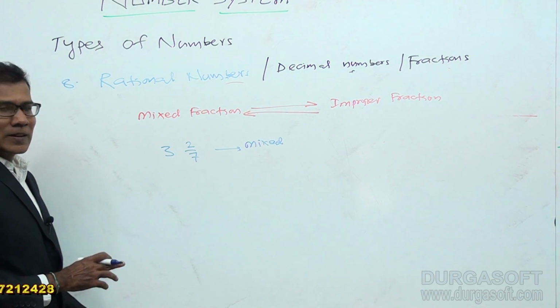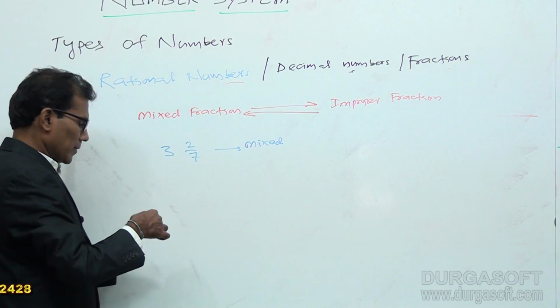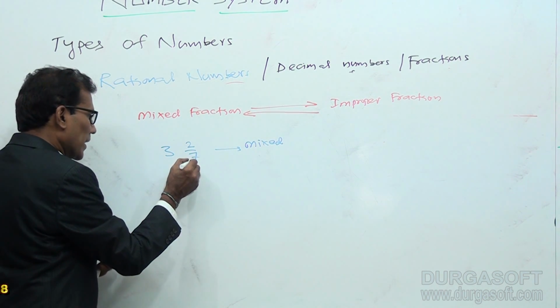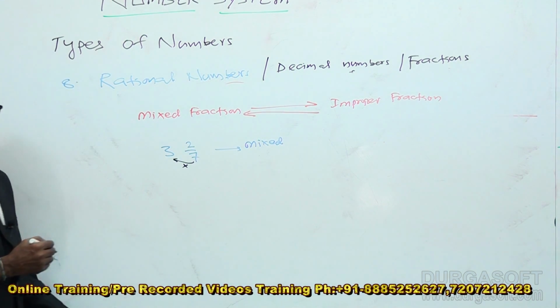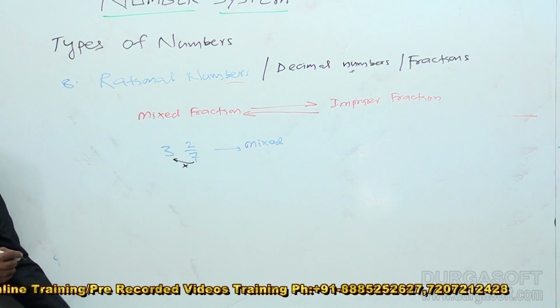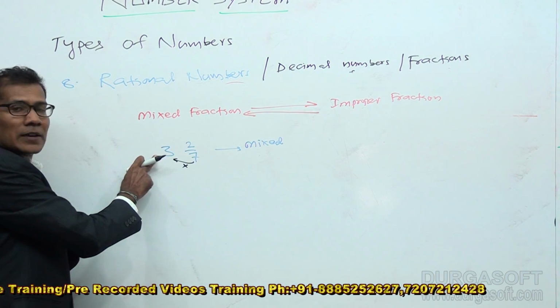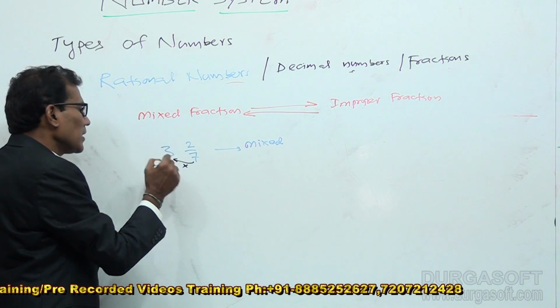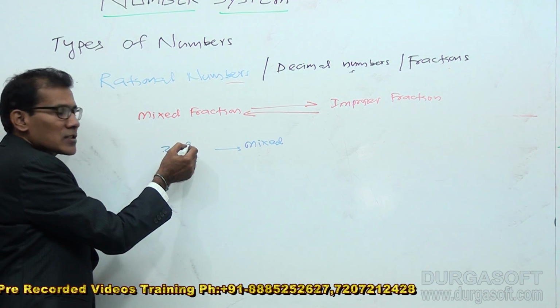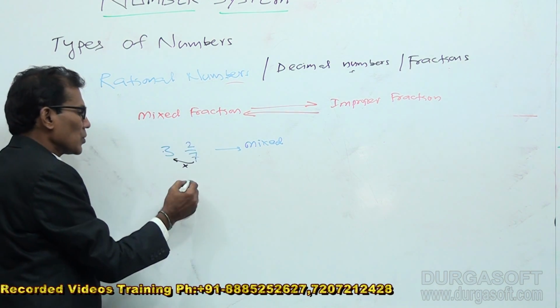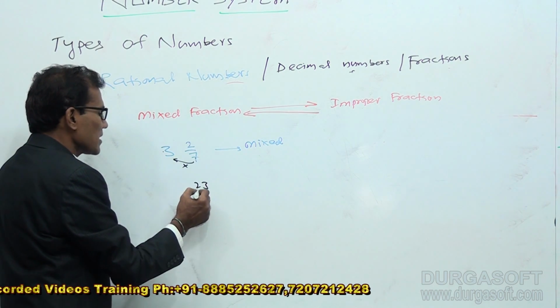It is very simple. Just multiply this 7 and 3, it is 7 into 3. Perform the multiplication. 7 3s are 21, and add this number 2, 21 plus 2 is 23, and divide by 7.